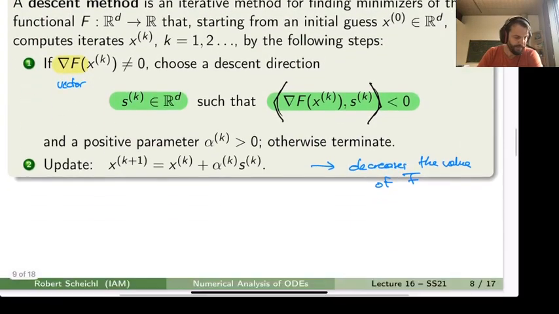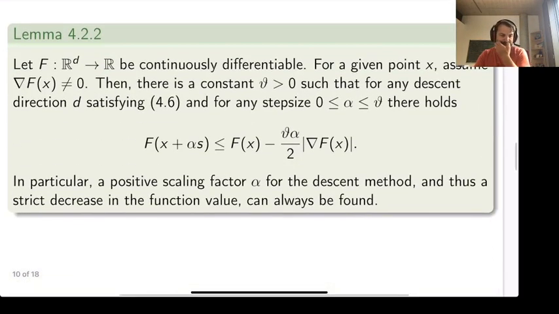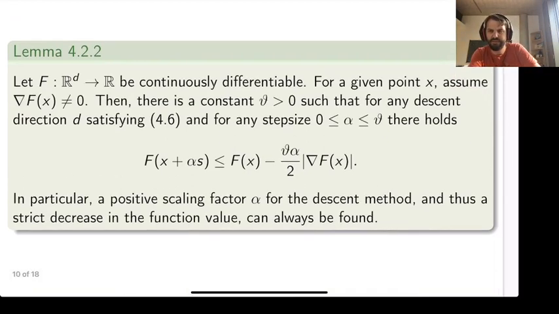Okay? And in fact, we can immediately state the following lemma, which I'm not going to prove, but which is a classical result about minimization in optimization. So if you've been to an optimization course, you have definitely done this. If F is continuously differentiable, for a given point x, we assume that the gradient of F is non-zero.